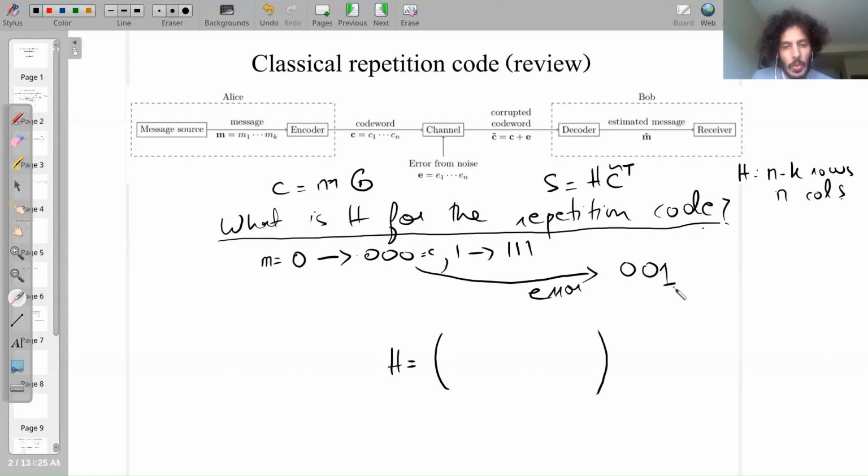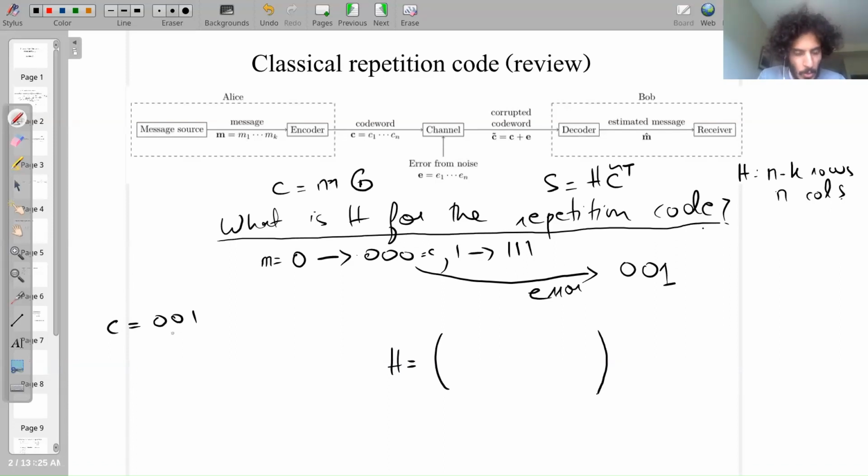So let me propose a different kind of thing. Suppose that your code word is 001. We want to compare the values of different elements of C in order to figure out where the error has occurred.